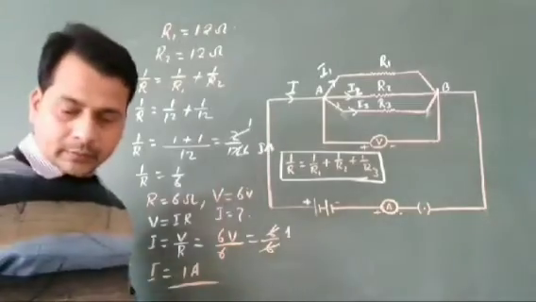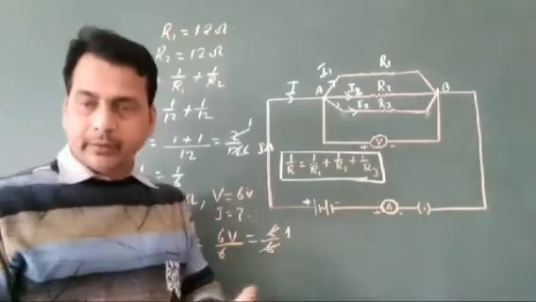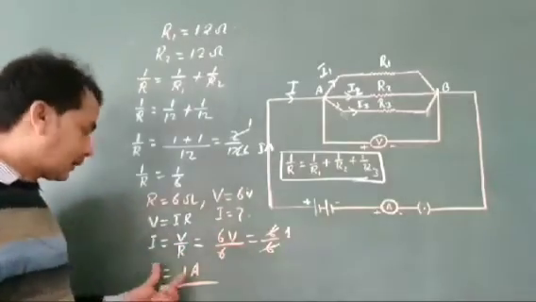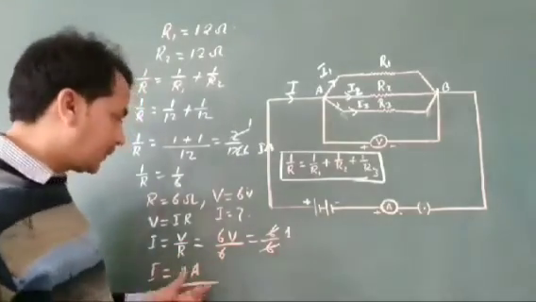According to the question, find the current from the battery. So the current from the battery is 1 ampere.